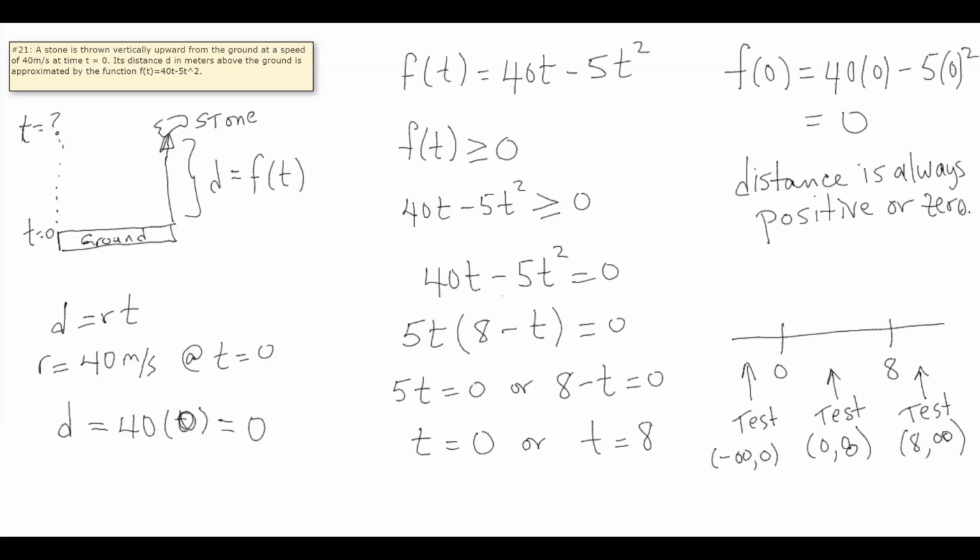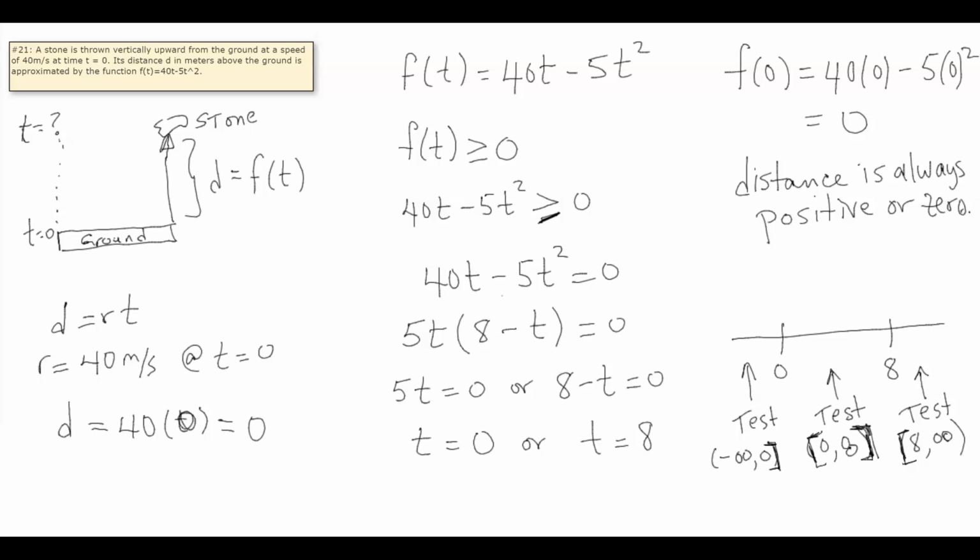And because we have greater than or equal to here, I'm going to use closed brackets on these numbers, because it is possible for the 0 and the 8 to be included.